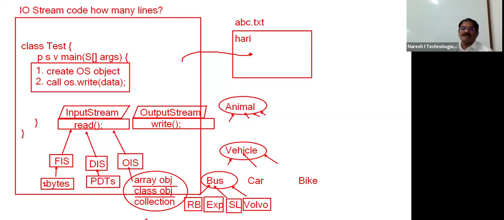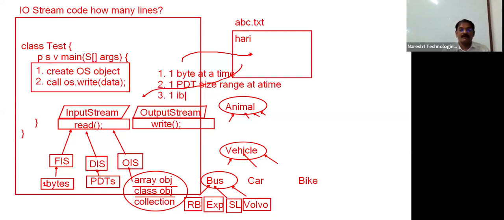So finally tell me, I want to read data from the file. When you are reading data from the file, you have 3 options. Option number 1, read 1 byte at a time. Number 2, read one primitive data size range at a time.